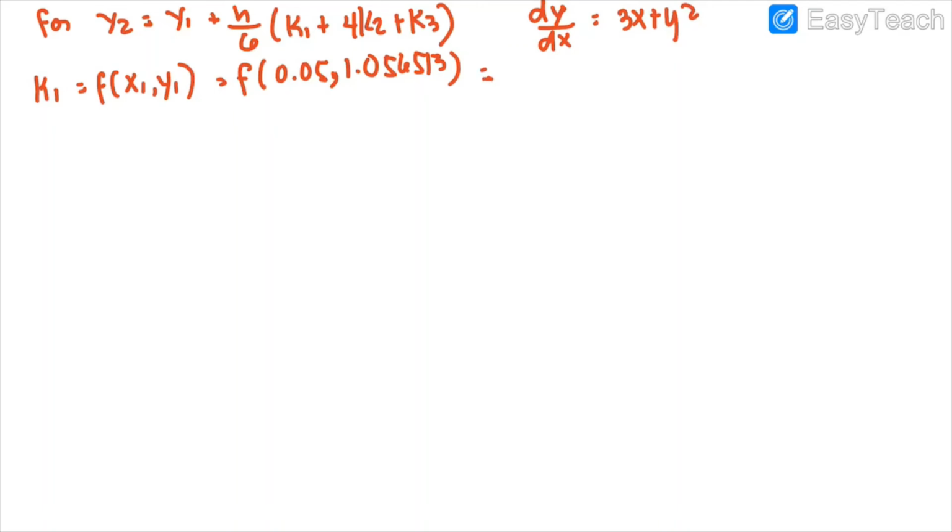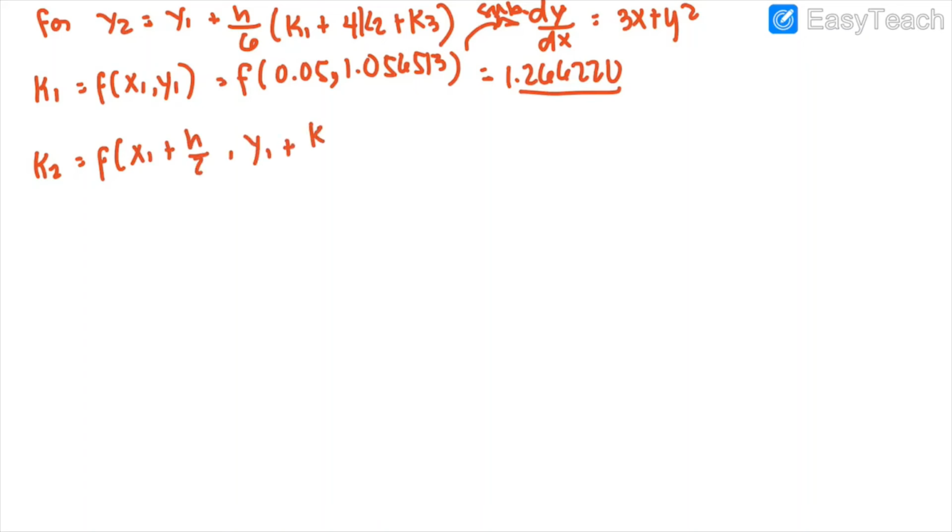Substitute. K1 is 1.266220. Then K2 is f of x1 plus h over 2 and y1 plus k1h over 2.